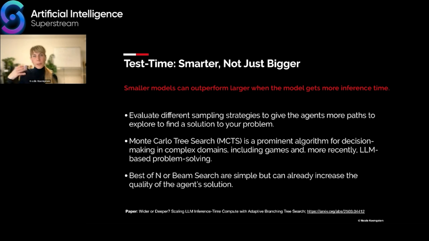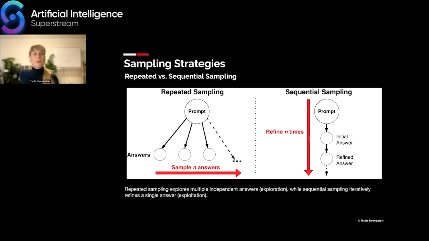And to give you a bit more understanding of what I mean and why this matters, here are two examples of simple sampling strategies. One is repeated sampling, which basically means we explore: we sample n answers and get different ones.